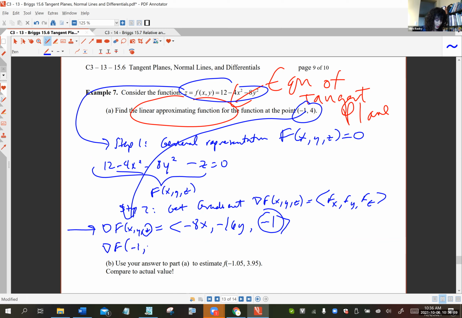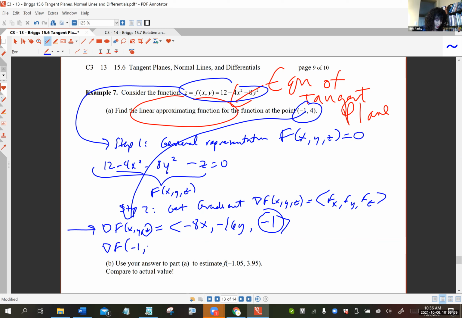Oh, man. My brain cannot even think at this time in the morning. 128. Oh, plus. Okay. So negative 132, and then that's minus negative 120. 120. Okay.